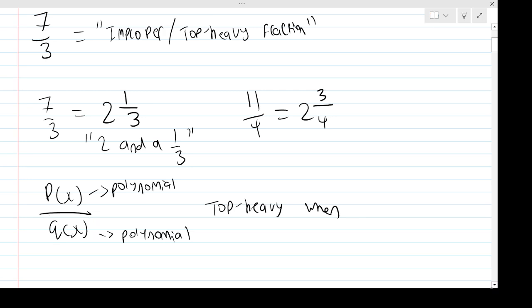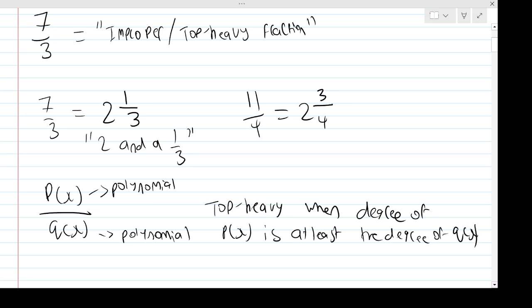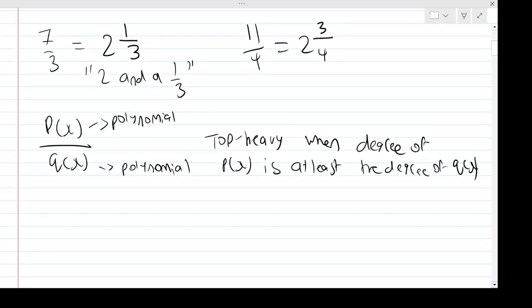Well, it means that the degree of the polynomial, so the degree of p of x, the top polynomial, is at least the degree of the bottom one, q of x. Okay, so as a brief example, let's have a look at the example we did at the start.